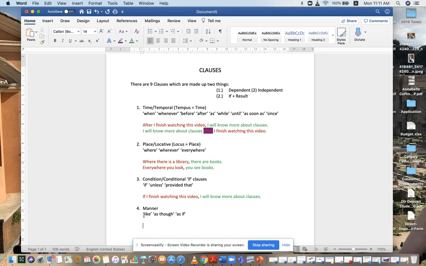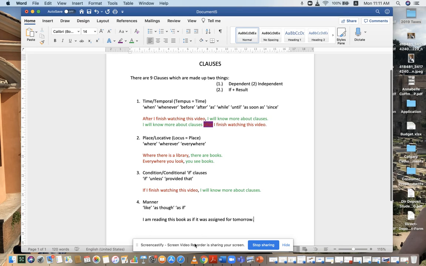So we can introduce this clause, for example, by saying something like, I am reading this book as if it was assigned for tomorrow.